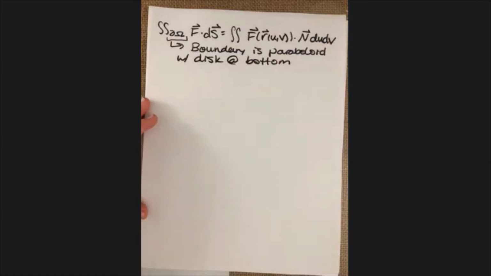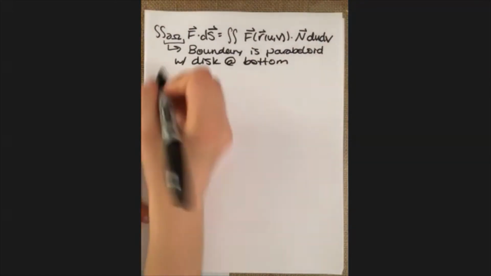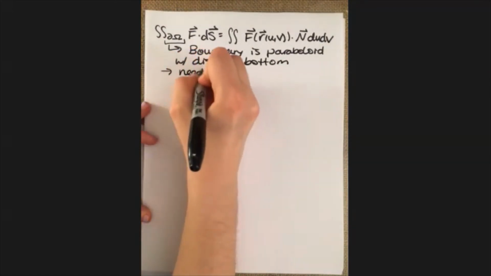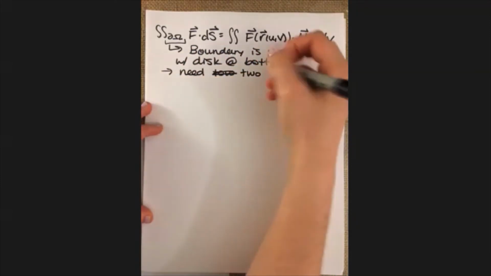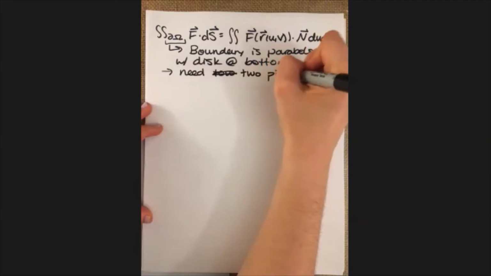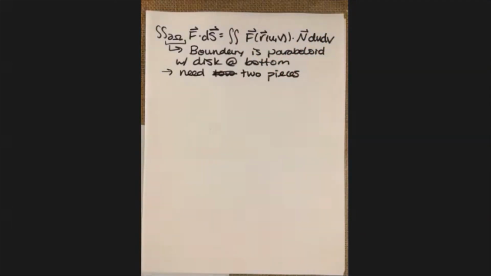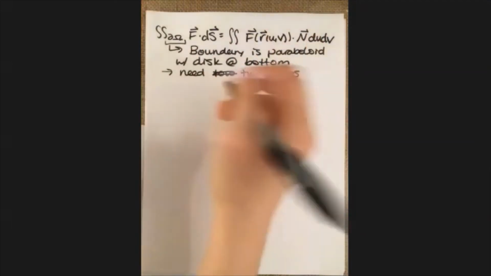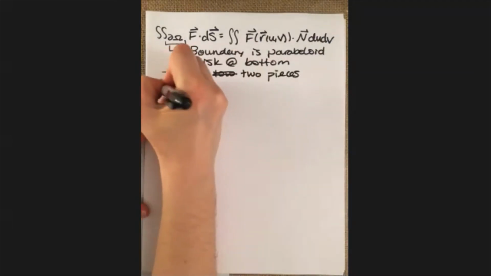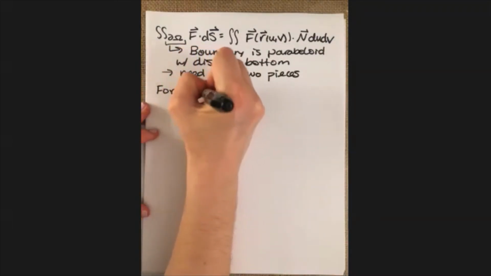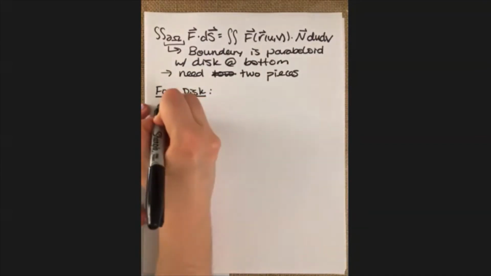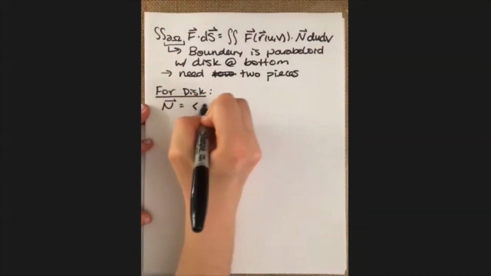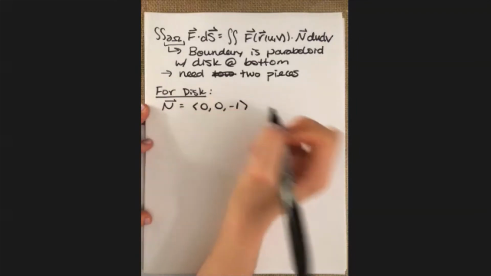Okay, so that means that we're going to need 2 pieces for our integral. Oh, I misspelled the word 2. Oh my goodness. 2 pieces. Okay, so let's go ahead and start with our disk because that's the easier one of the 2 to work with. For the disk, we said earlier that it has a normal equal to (0, 0, -1).